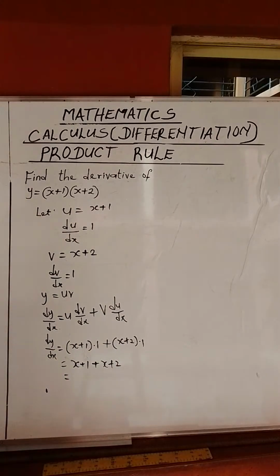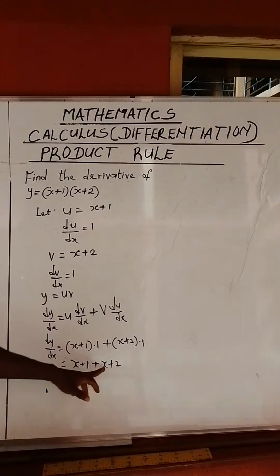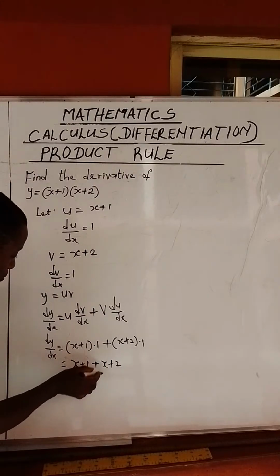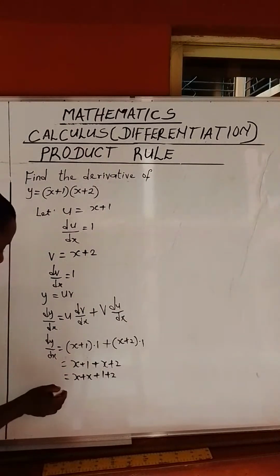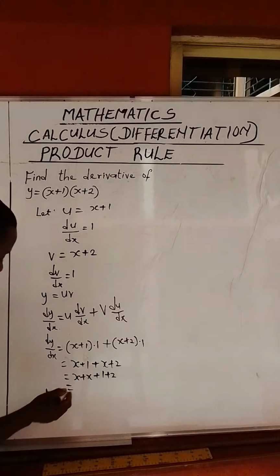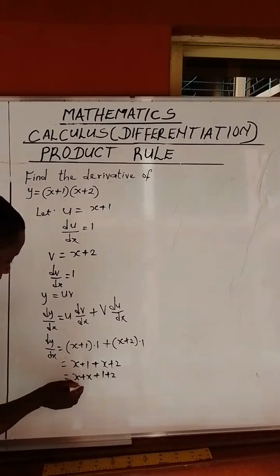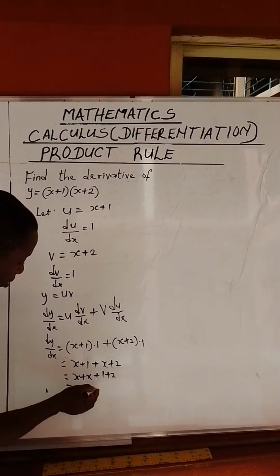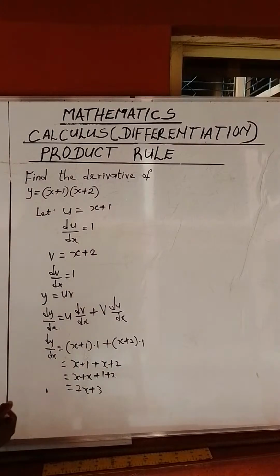When we collect like terms, we have x + x, then plus 1 + 2. When we add x + x together, we get 2x. Then when we add 2 to 1, we get 3. So dy/dx equals 2x + 3, and I hope this is well understood.